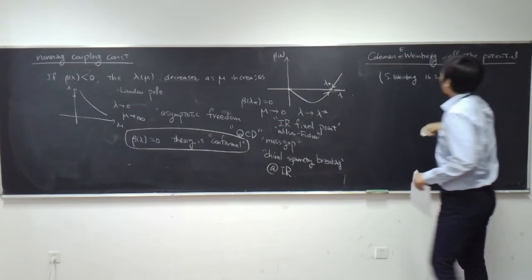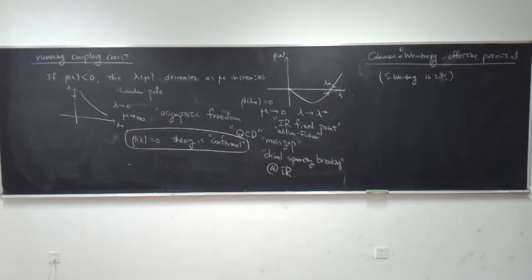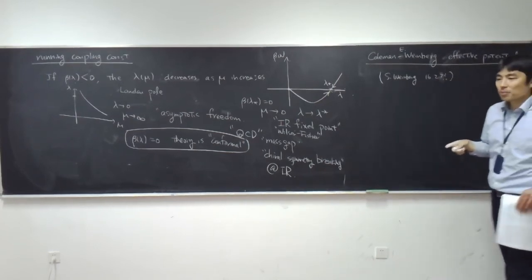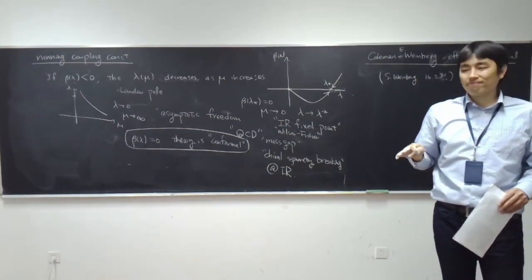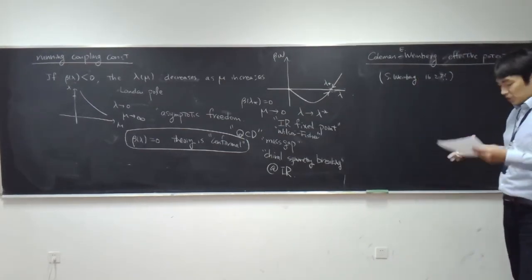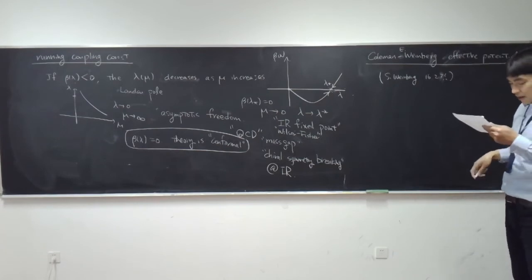So the Coleman-Weinberg effective potential. I'm going to follow Weinberg's book instead of Peskin-Schroeder. Peskin-Schroeder uses the O(N) model, but Weinberg just used the phi-4 theory, so it's much easier.